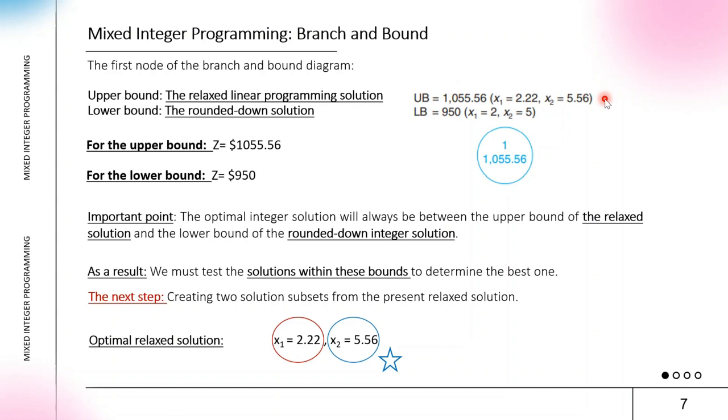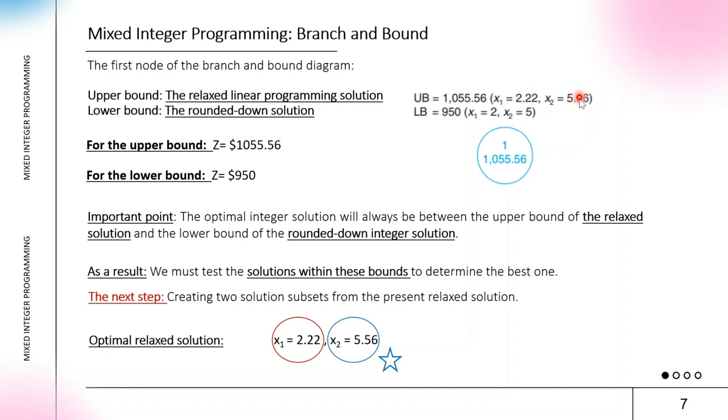The lower bound is calculated by rounding down the fractional values. This process gives us a feasible integer solution with a profit of 950. But this solution is not necessarily optimal. It means that to calculate the lower bound, we ignore the fractional part of the decision-making variables that we obtained from the relaxed LP model or LP form.